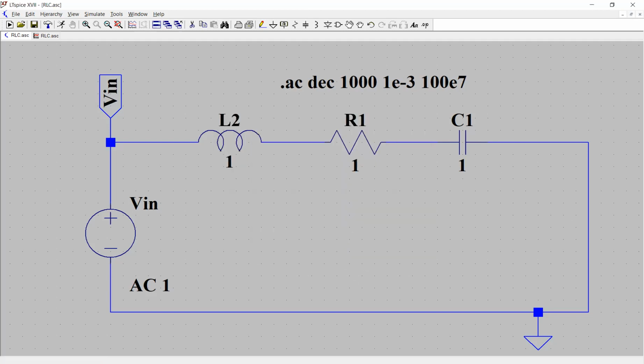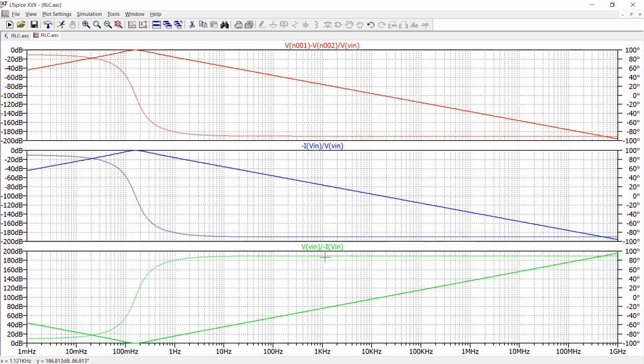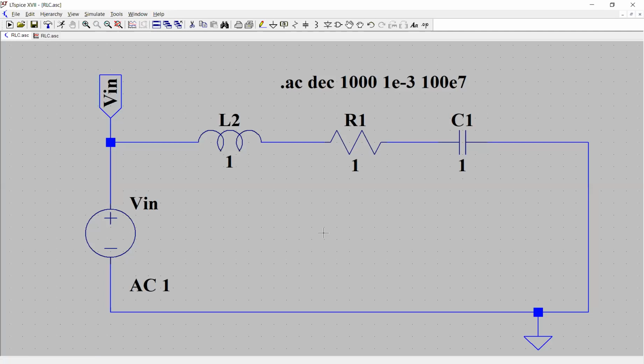So once we do that, we run this analysis, and we have simulated the response right here. Let's focus first on the bottom plot. But before that, let us take a look at the current direction. You see the red arrow in the schematic points towards the right.